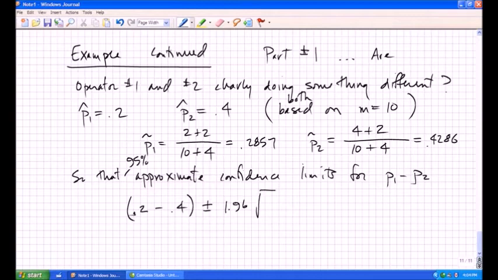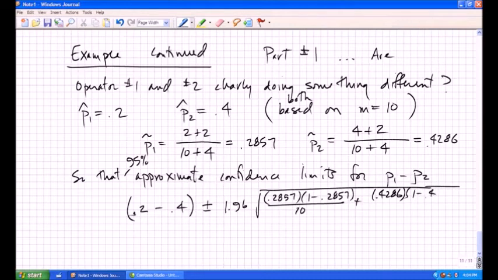That's 1.96, and I'm going to take 0.2857, multiply by 1 minus that, put that over 10, and take 0.4286 times 1 minus that, and put that over 10. Put that all under a square root. That gets me minus 0.2 plus or minus 0.49.